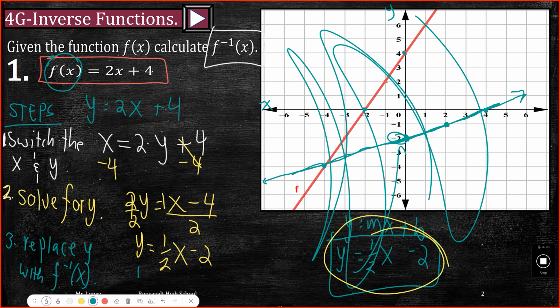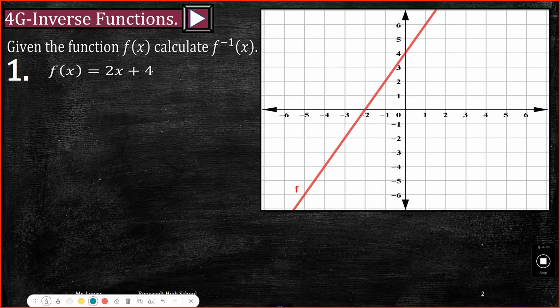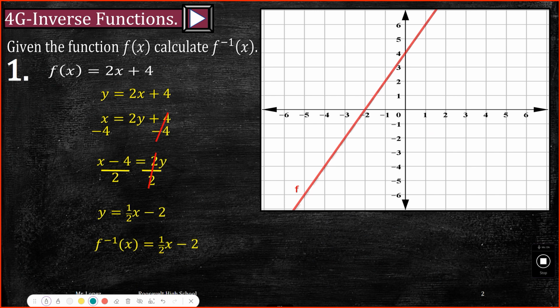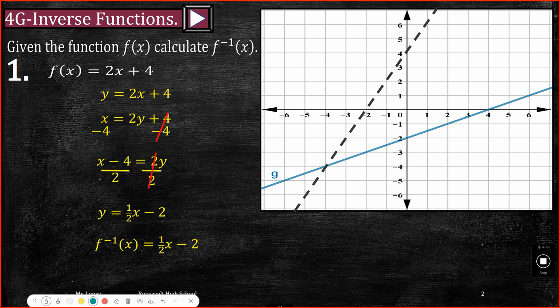So f inverse of x is going to equal 1/2 x minus 2, and that is the lesson for today. So let's do it here one more time. F of x is y, and then we switch the y with the x and the x with the y. Solve for y, and there's the function there, and there are the inverse functions.